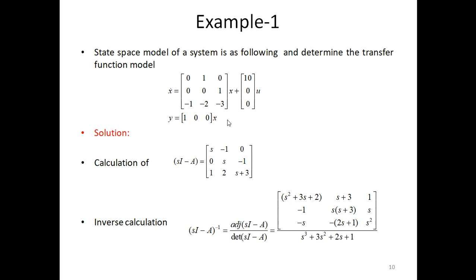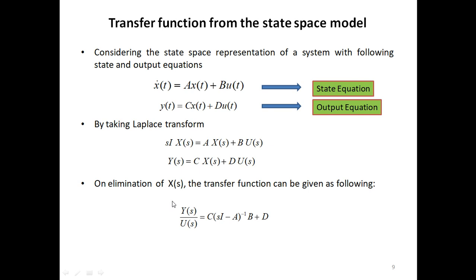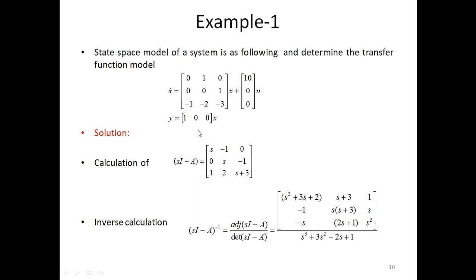So we have to simply calculate the first term of the equation, that is C into (sI minus A) inverse into B. So the inverse of (sI minus A) is the thing which has to be calculated initially. Calculating sI minus A, simply this is the matrix, and this is the result.